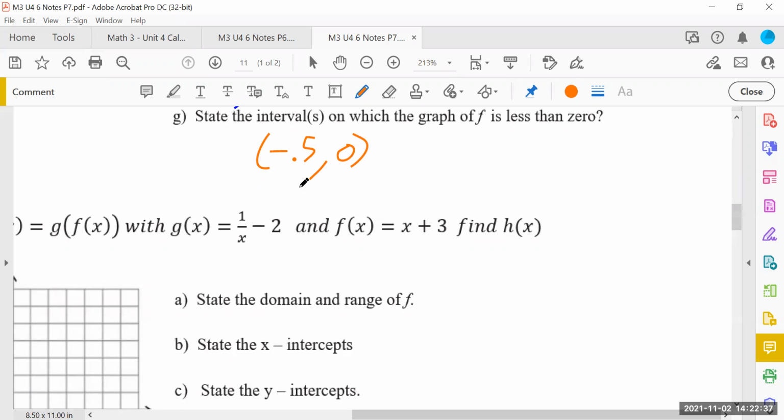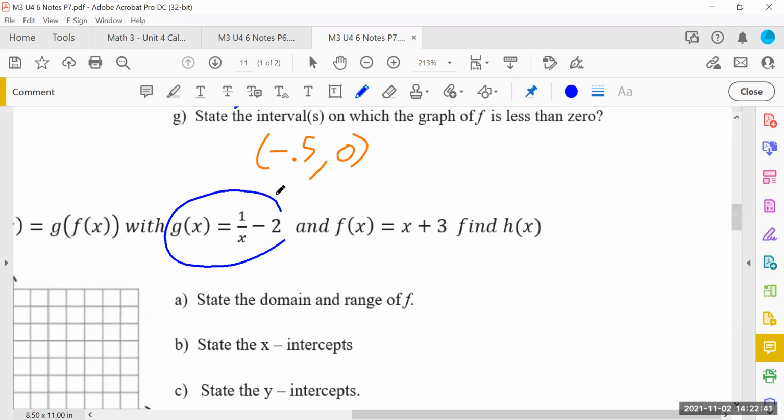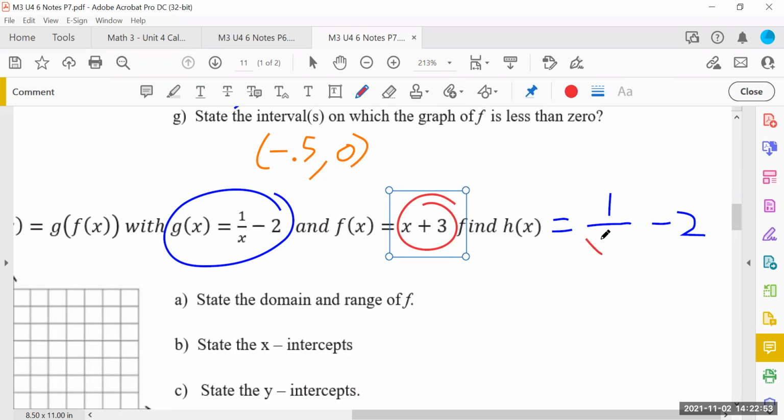So I'm going to start with g of x. So g of x here, 1 over x minus 2. So 1 over something minus 2, but where the x was, they want me to put f of x, which is x plus 3. There's g of f of x, which is what they told me h of x was going to be.